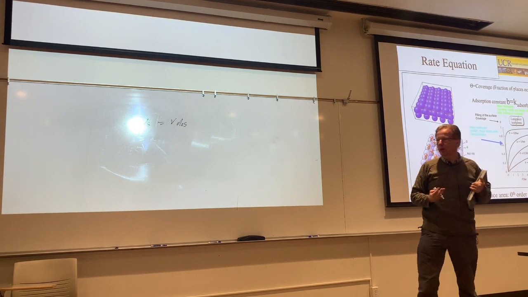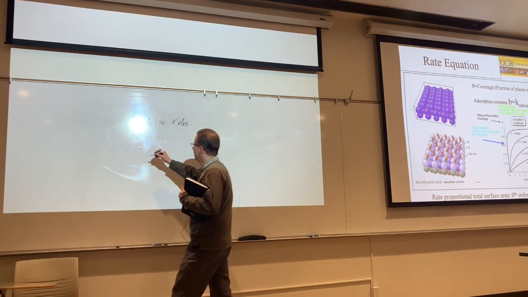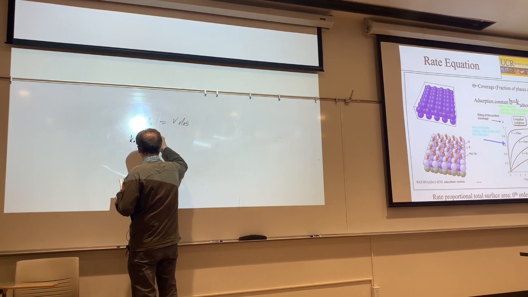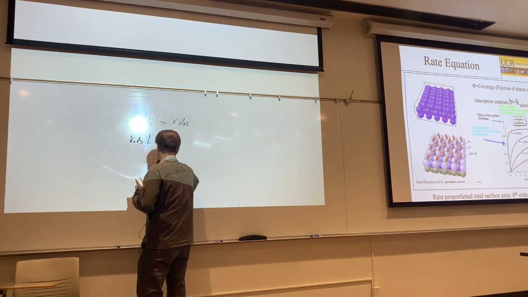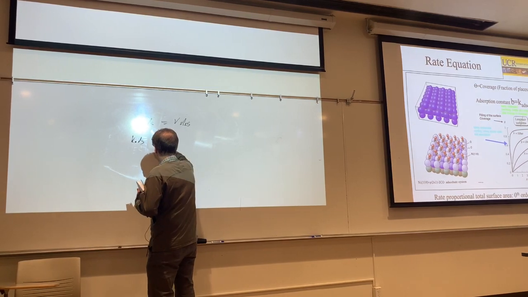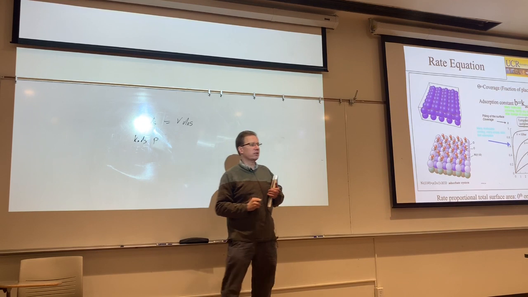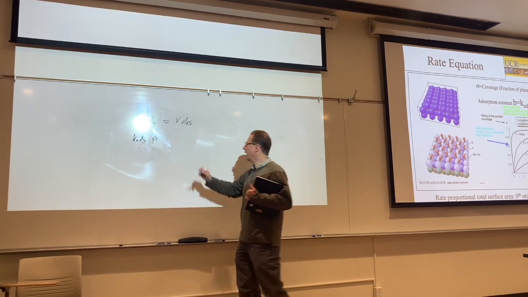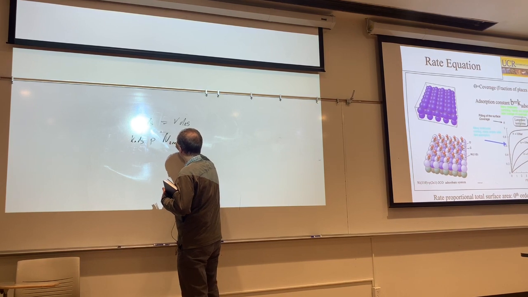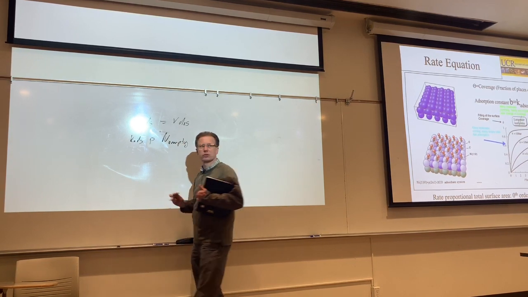Now the rate of adsorption is, of course, the rate constant for the adsorption times the pressure of the molecules in the gas phase times the number of empty sites on the surface.